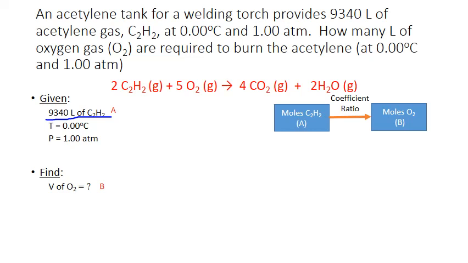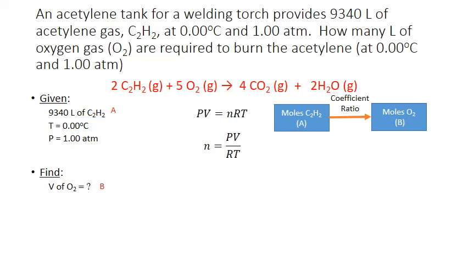And because acetylene is actually a gas, we can use the ideal gas law to convert from volume into moles. So we'll use the rearranged form of the ideal gas law to solve for moles, n: pressure times volume divided by the ideal gas constant divided by temperature. We just have to make sure that everything is in the correct units.